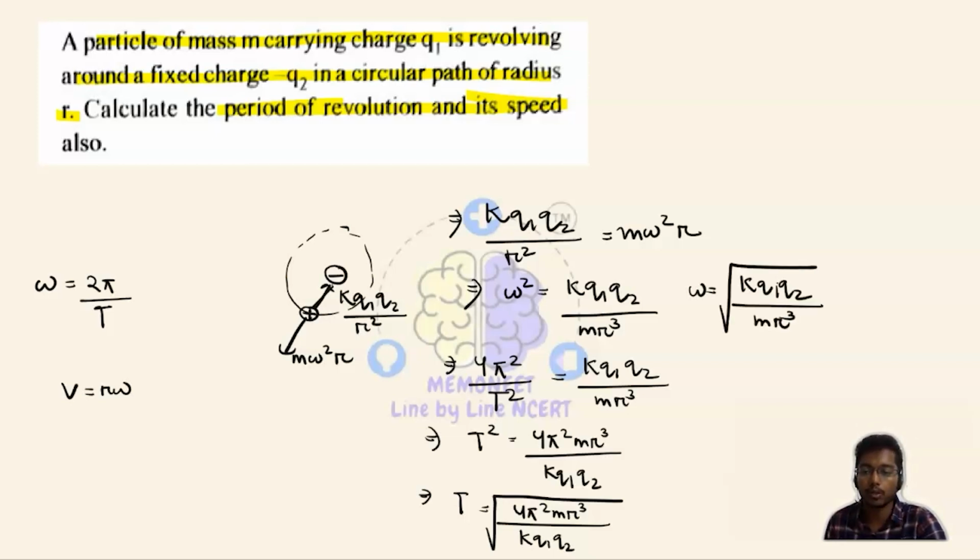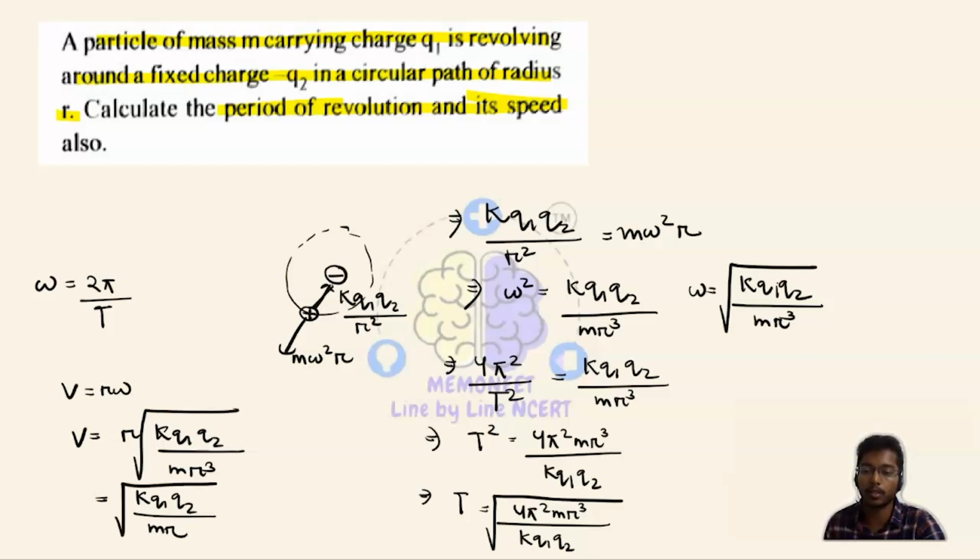So v will be r into the square root of K Q1 into Q2 upon m r cube. So on simplifying we can write that it is the square root of K Q1 into Q2 upon m r, as r square will be common here and the value of r will be cancelled. Okay, and this will be the answer for the speed also.